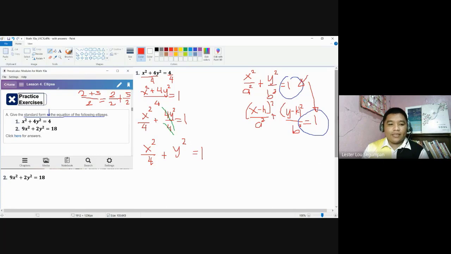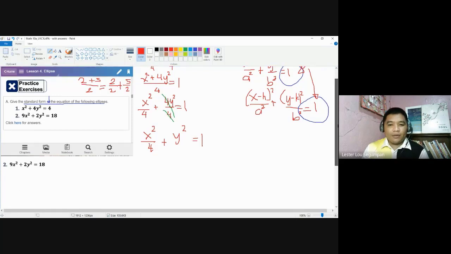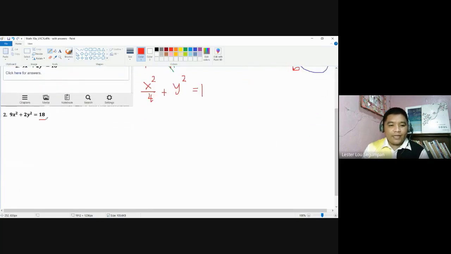But let's proceed to item number 2, as our goal is also to determine its standard form. Similar to number 1, our goal is for the right-hand side to be equal to 1. Hence, we will divide this side by 18 and do the same thing for the other side as well.